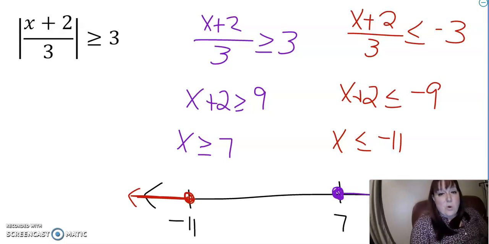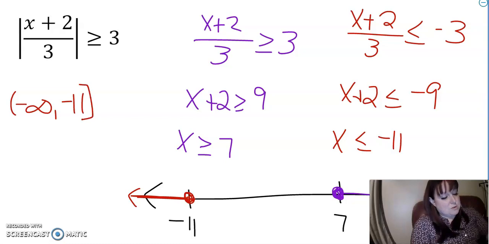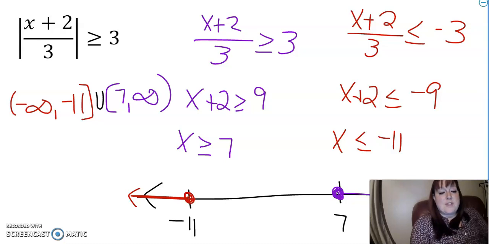So it's either or, which means we can write it in interval notation: from negative infinity to negative 11, closed bracket, or, closed bracket on 7 to infinity. So that is how you solve and graph absolute value inequalities.